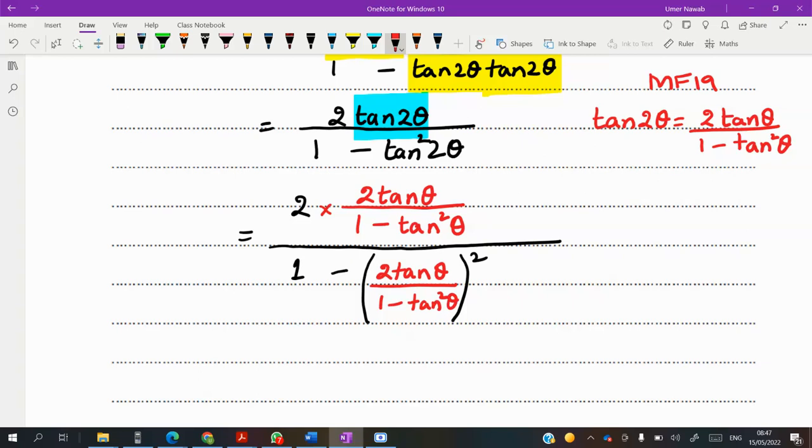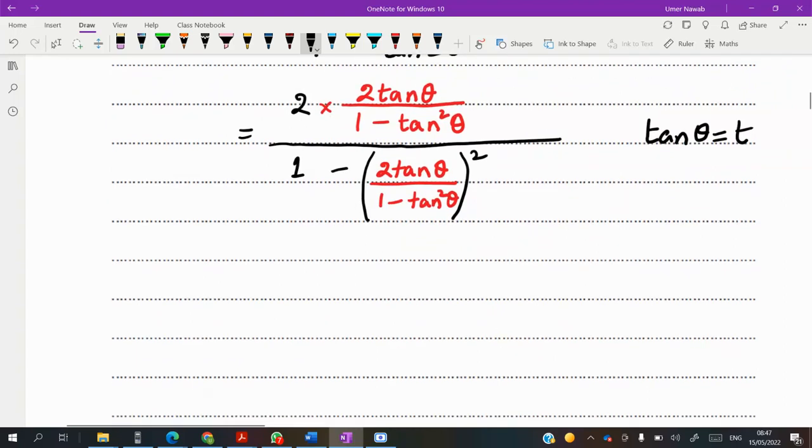My friend, for the sake of simplicity, why not I can write tan theta is equal to t onwards. Now this 2 is in the numerator because it has 1 in the denominator. So this 2 is going to multiply with 2. So I'm going to get 4 tan theta over 1 minus tan squared theta, right?